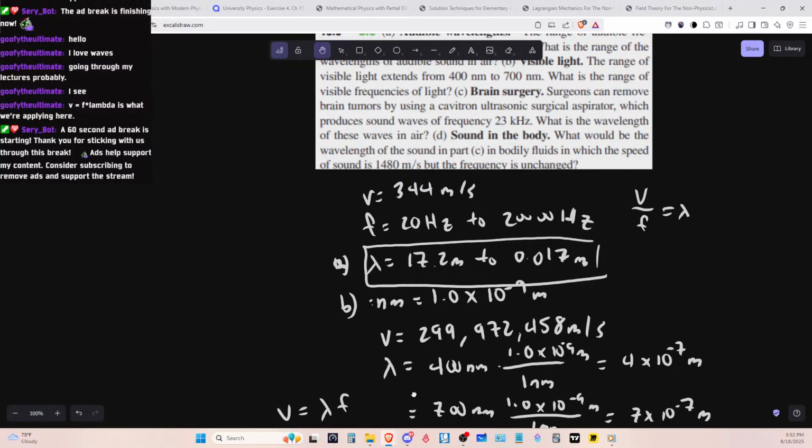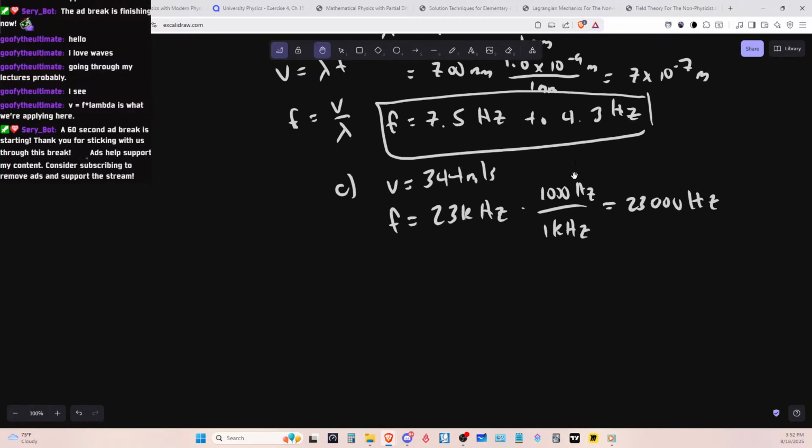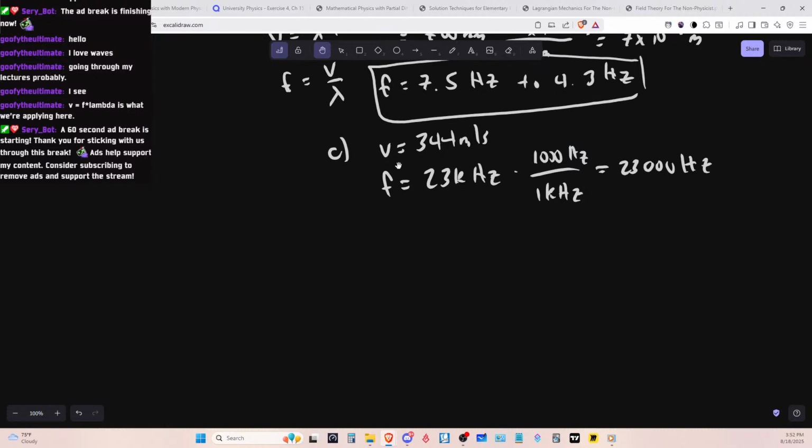It's asking for the wavelength, right? Yeah. What is the wavelength of it in air? Okay, so the wavelength in this one, I think that will leave us with, divide that by, 0.4 meters. So that's the wavelength.